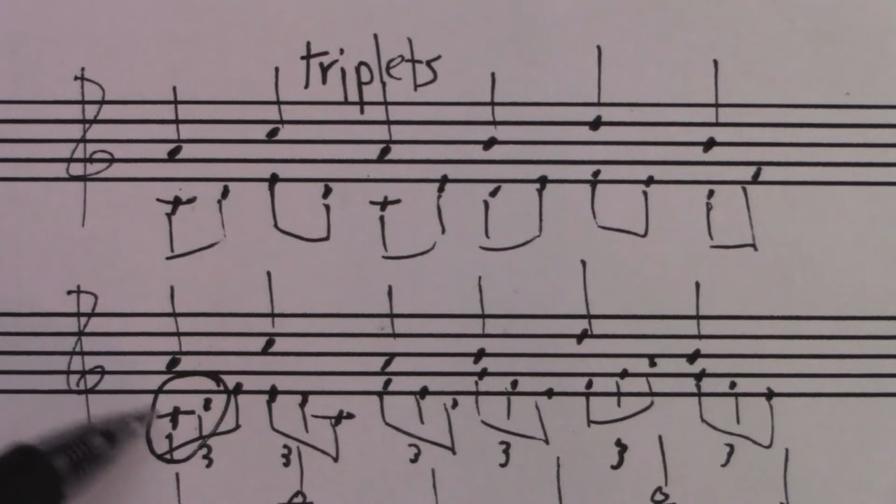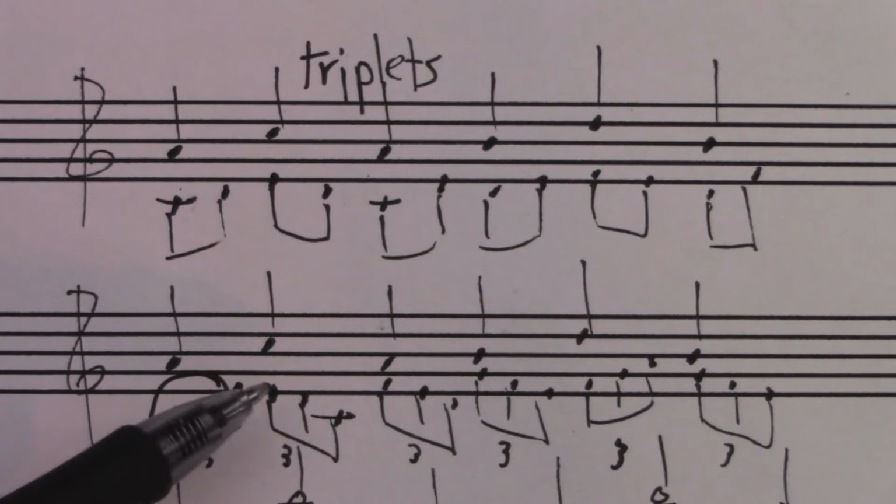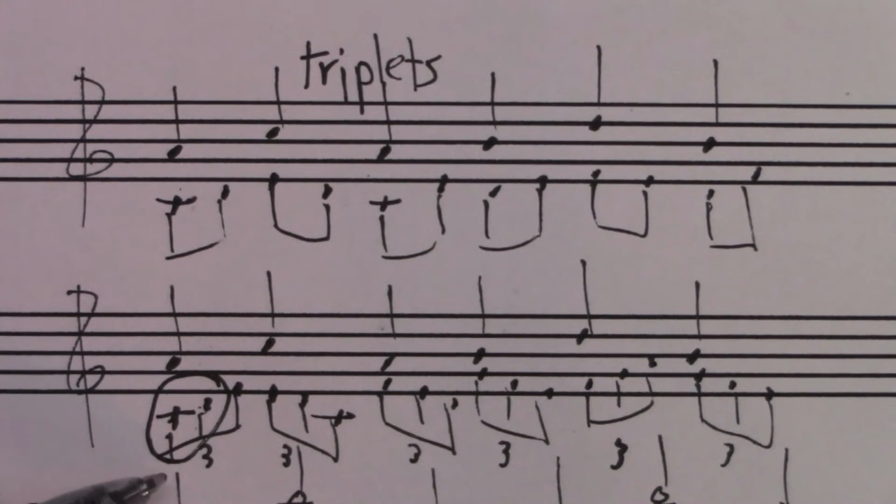So in this case, triplet means 3 eighth notes that fit into the space of 2 eighth notes. Let me say that again. Triplet: 3 eighth notes that fit into the space of 2 eighth notes.